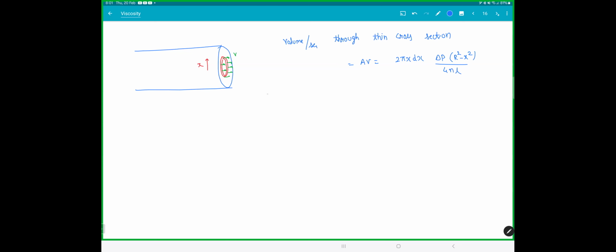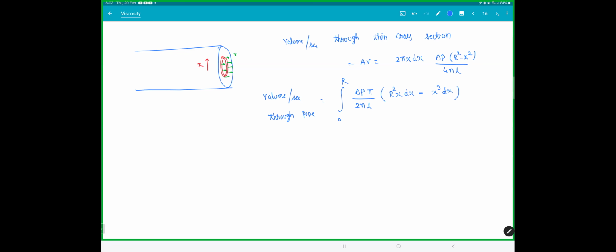So what's the total volume flow per second through the pipe? Integrate this. This will be delta P pi by 2 eta L, r square x dx minus x cube dx.